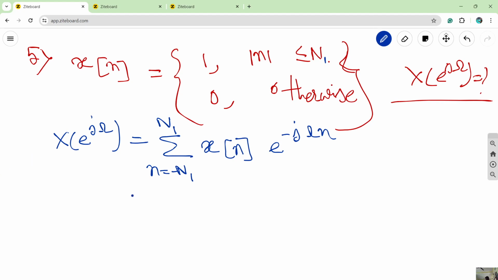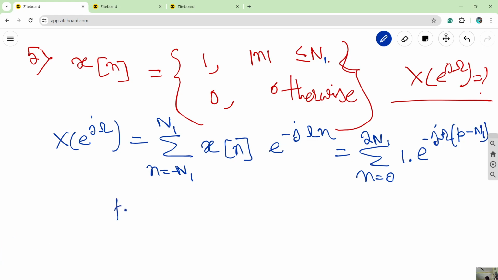This is equivalent to writing it in the following way: the summation from p equal to 0 to 2n1, where the values are 1 here, so 1 into e to the power minus j omega into p minus n1, where p is the substituted variable.